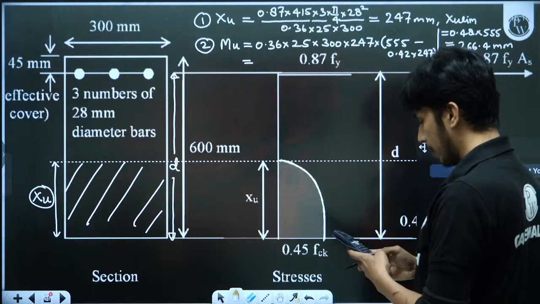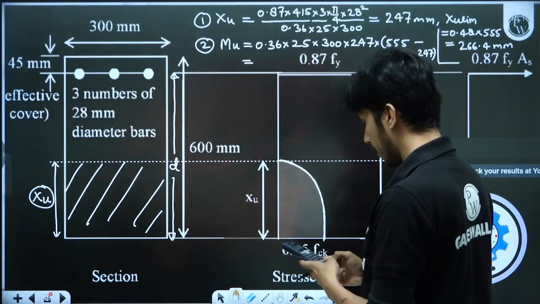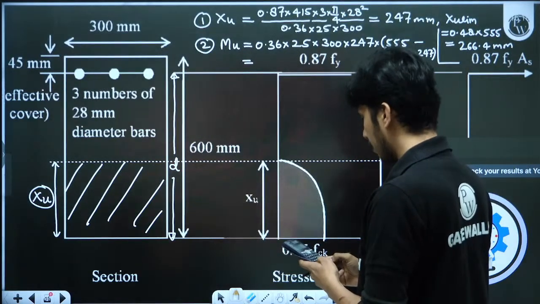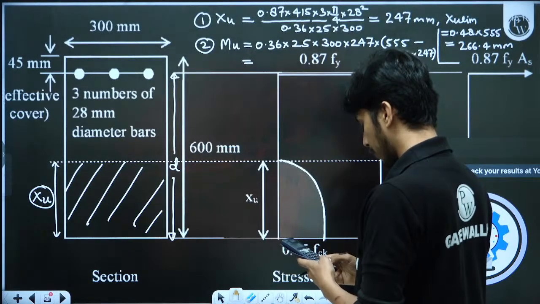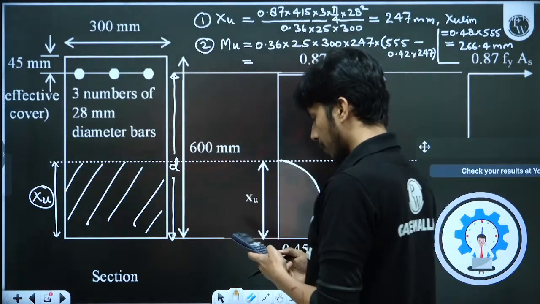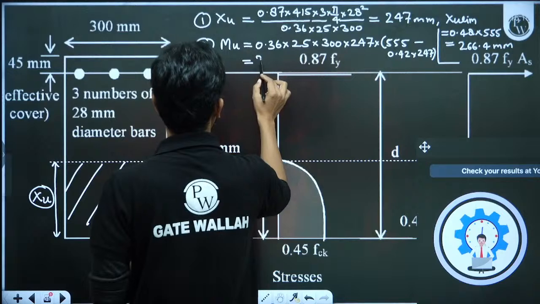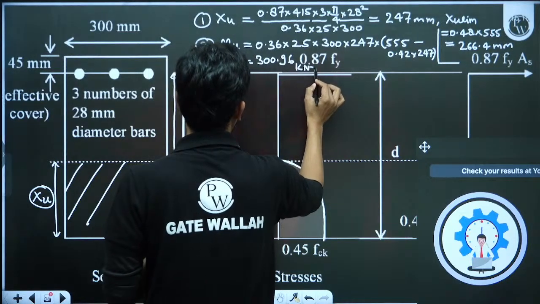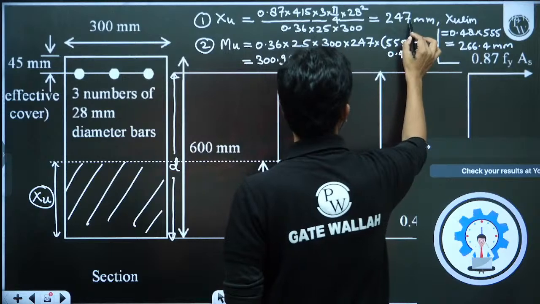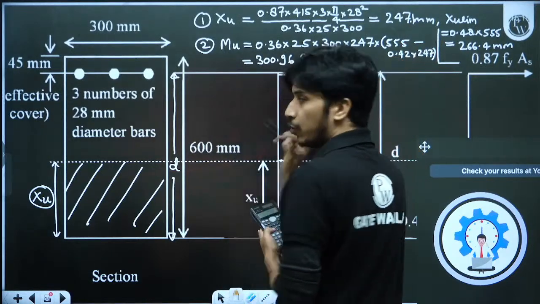So this is 0.36 into 25 into 300 into 247 into 555 minus 0.42 into 247. This is coming out to be 300.96 kilonewton meter, if you are taking 247.01.